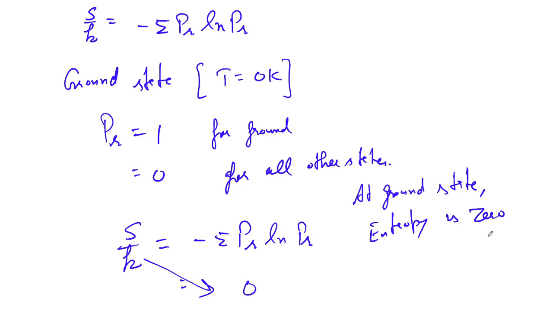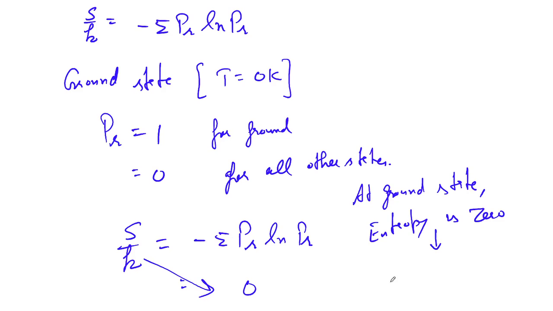As the number of accessible states increases more and more, P becomes non-zero and its log becomes more negative. So when P becomes non-zero, the log becomes more negative, and with the minus sign the value of the entropy becomes positive. So what does it mean?